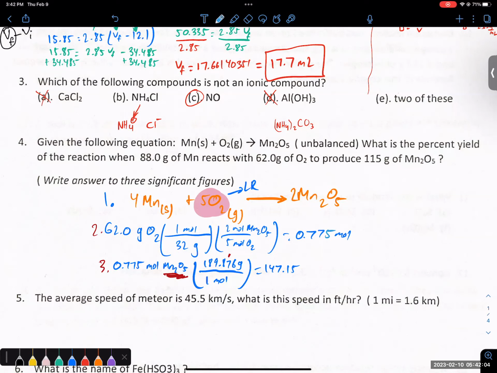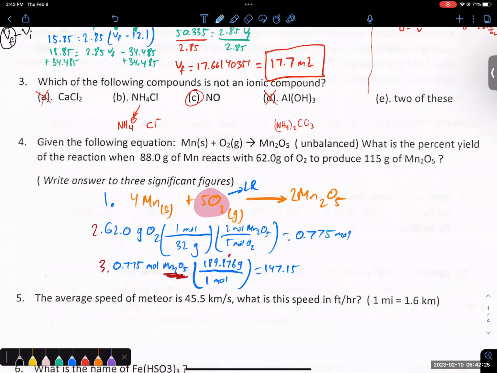That comes from the balanced chemical equation that was given to us unbalanced, so we had to balance it. Those coefficients in front of the O2, the 5, and the Mn2O5, the 2, are the ratios he's talking about.